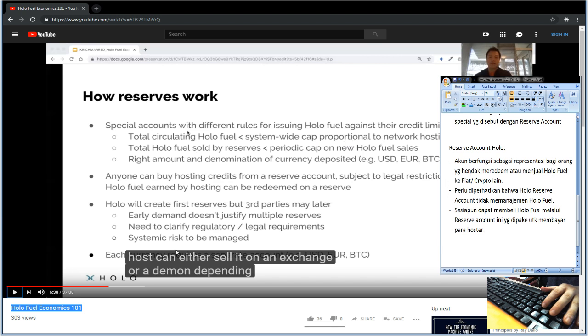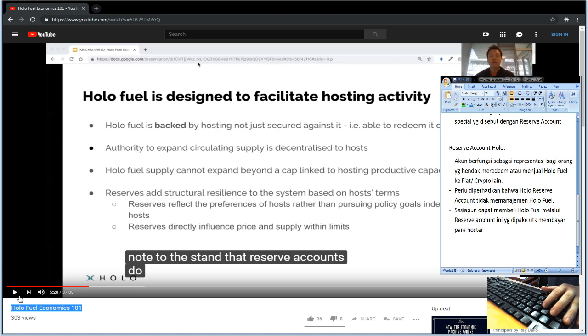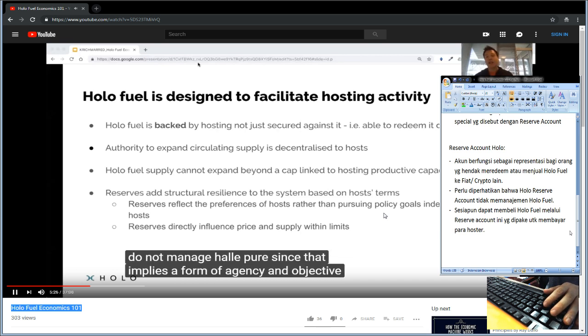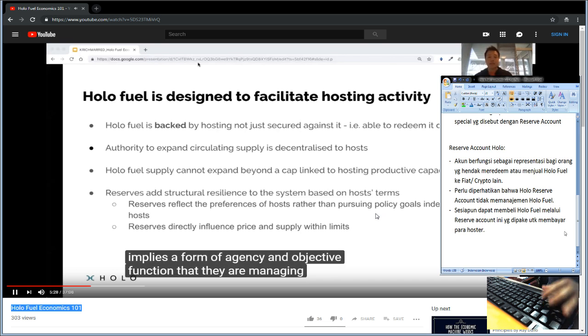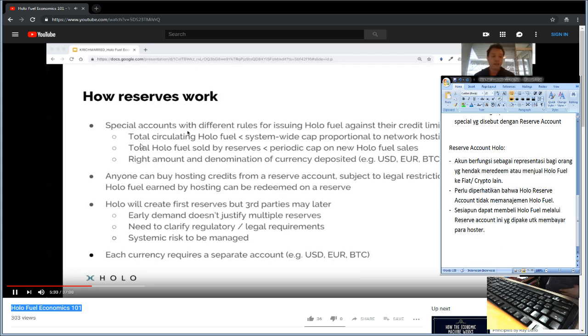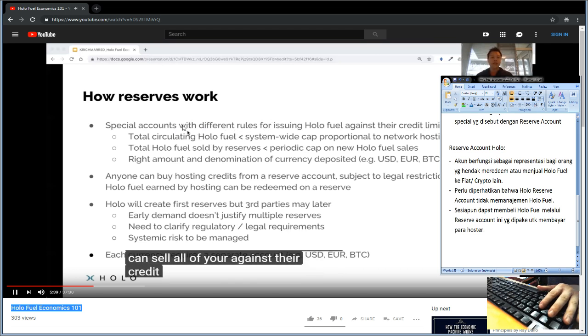Ini juga penting nih sebenarnya, gue harus balik lagi ke belakang. Oke, let's go back. Do not manage Holo Fuel, since that implies a form of agency and an objective function that they are managing towards. So, reserve accounts are accounts that can sell Holo Fuel against their credit limit as long as three conditions are met.